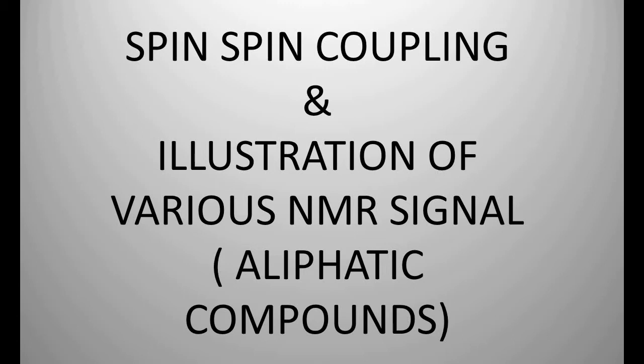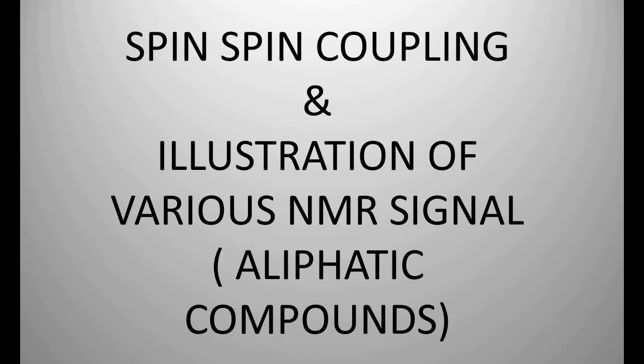Today I am going to discuss the other effects in the NMR spectra, that is the spin-spin coupling. The two important parameters in connection with NMR spectroscopy are the chemical shift, which I have already discussed, and the spin-spin coupling.